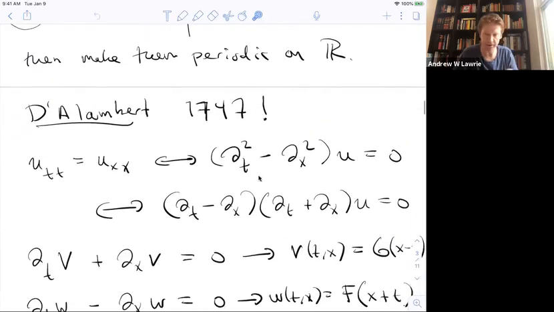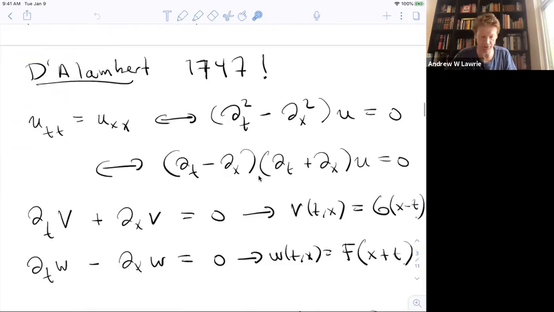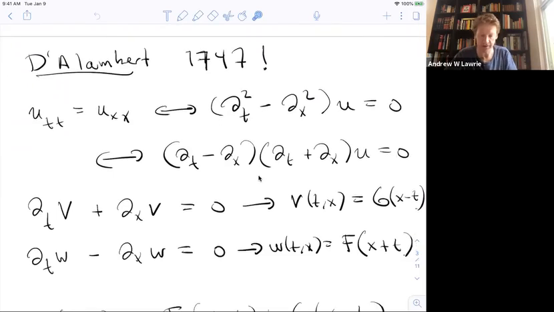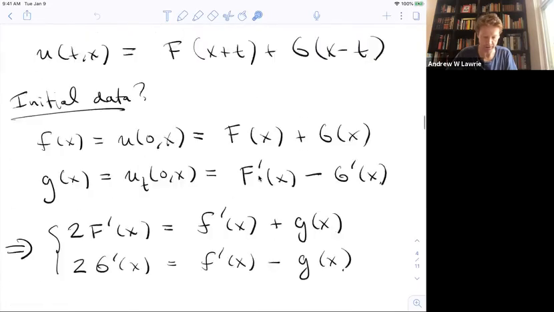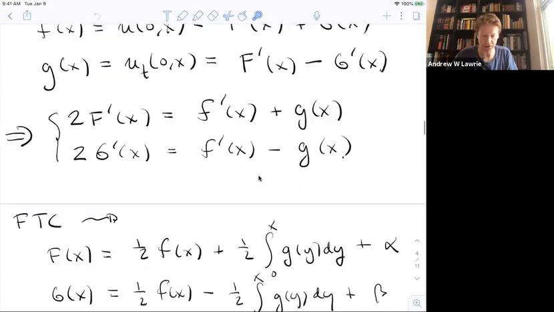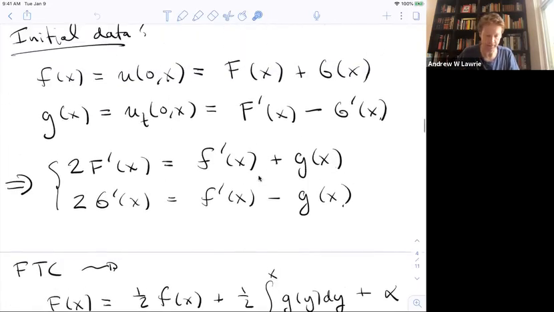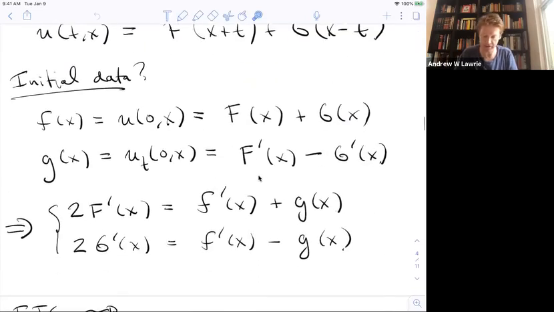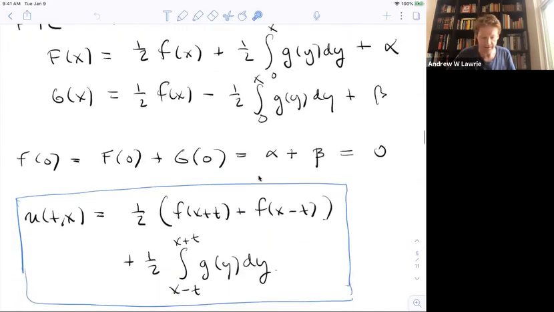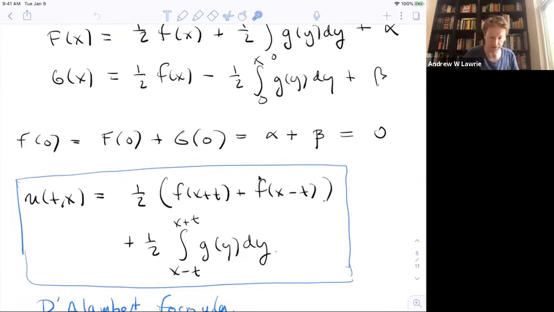When we wrote down the D'Alembert solution, using this trickery of factorizing the wave equation operator, the D'Alembert operator as it's called, we did make use of g. Here you see lowercase g appearing, which is the initial velocity, and it appeared in our solution as well.